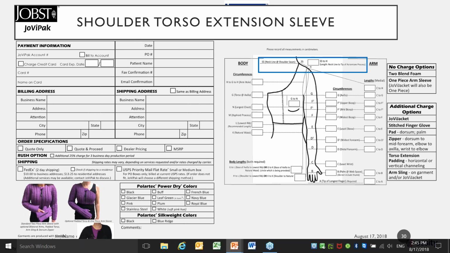Another very important measurement is this measurement from SS to H. Basically this tells us how wide you want the top of the shoulder strap to be. Do you want it to stop right at the edge of the neck, or do you want it to set out toward the acromion process just a little bit? So measure from the acromion process along the top of the shoulder and tell us how wide you want that to be. And that will be your measurement there for SS to H. Now, it wasn't that bad, was it?